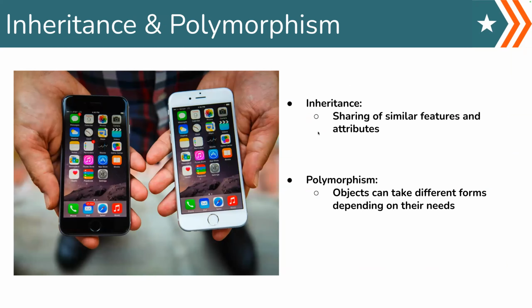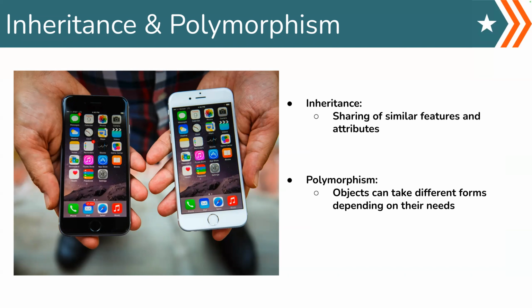Inheritance, which is where we can have classes inherit from each other. We'll see it a little later, I believe this week, but it can make design easier, though it can also add some complications, through sharing of similar features. And then something called polymorphism, where you can have objects taking on different forms depending on what they need to do.